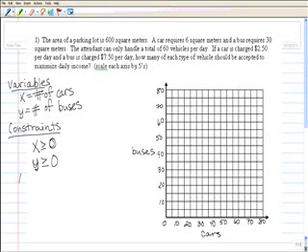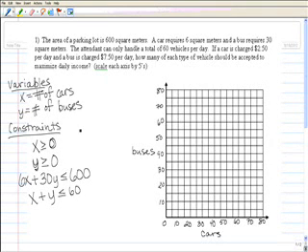So we have 6 square meters times the number of cars, X, plus 30 square meters times the number of buses, Y, must be less than or equal to the number of square meters in the parking lot, which is 600. And then also we know that the attendant can only handle a total of 60 vehicles per day. Therefore, the number of cars plus the number of buses must be less than or equal to 60.